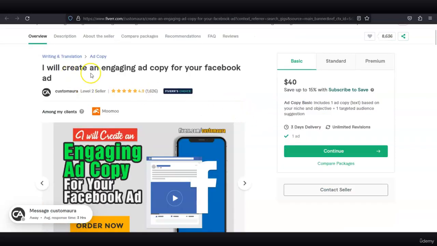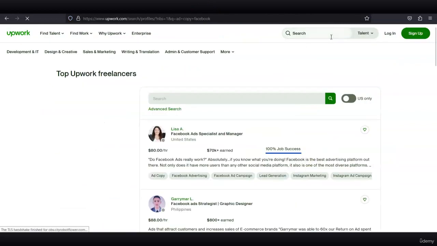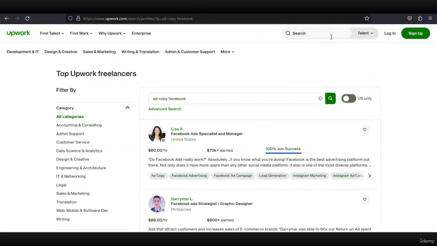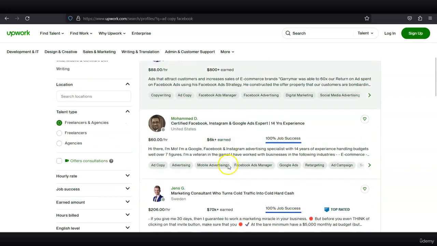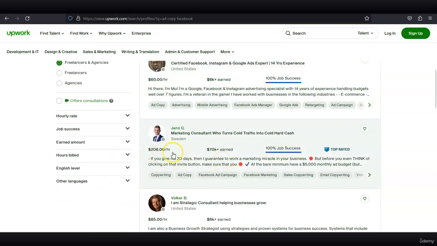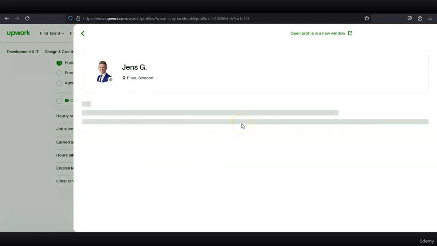The other one charges $40 for one ad copy for a targeted audience and for a specific platform, Facebook. On Upwork, I typed in ad copy for Facebook, and some people are charging $80 per hour, $88, $60, $206 for their ad copywriting services.